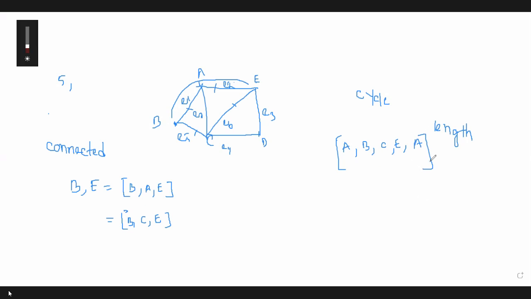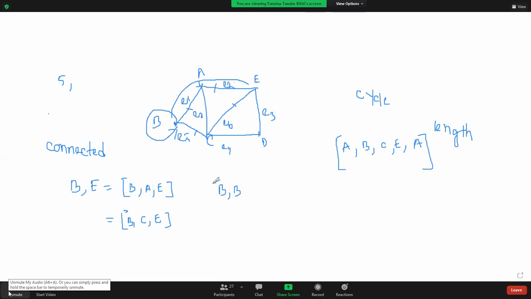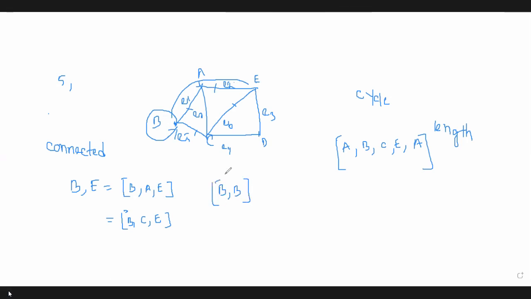But why can't we call it loop or closed path? Because a closed path here will always start from a node and end at that node, but there will not be any intermediary node in between. So this is a loop where the starting node is B and the end node is B, and there are no other nodes between these two nodes. And this is called a loop or a closed path.